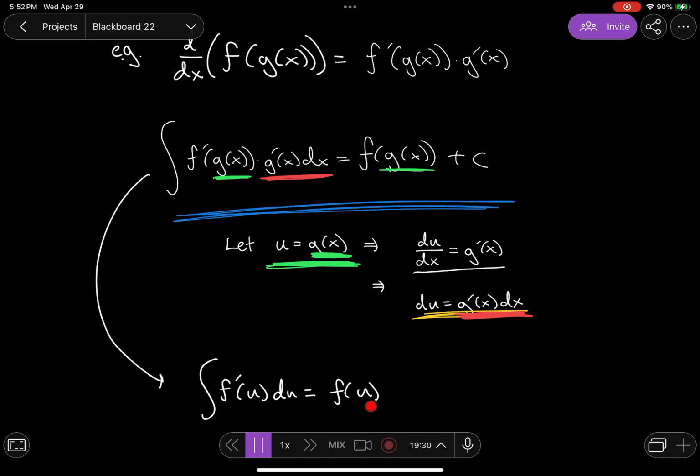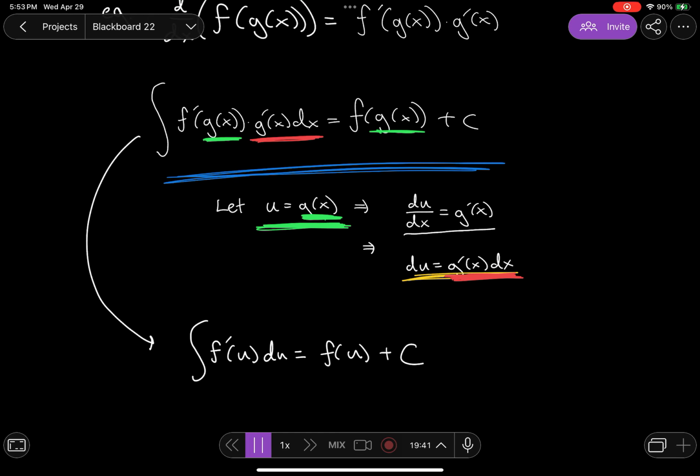Is equal to f of u plus c, all right? That is how this transformation goes.